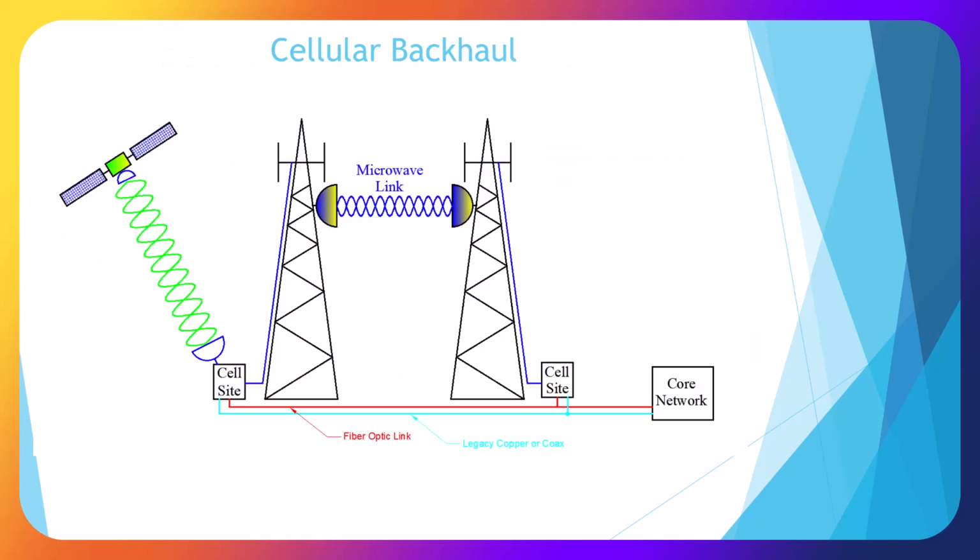Okay, let's talk about cellular backhaul. We actually have our network where our information is essentially in computer centers, and they're sending information to our towers by, now it's a fiber optic link, but we still have legacy copper and coax links.